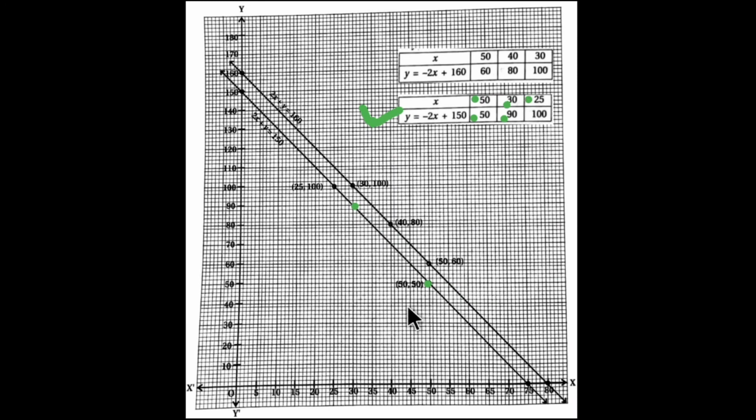So 25 will be on the x axis and afterward on the y axis 100. So we plot the point here. Now all 3 points lie on a single line, so the equation 2x plus y equals 150 we have to draw here.